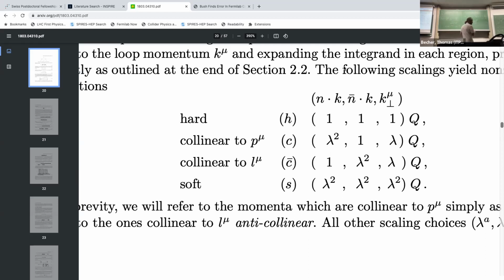So in our case, I didn't really use the lambda, but for us, lambda was equal to the soft energy divided by the electron mass. And then all our components of the soft momenta go like lambda times the electron mass. So this is soft. The hard momentum goes like all components scale like the electron mass.